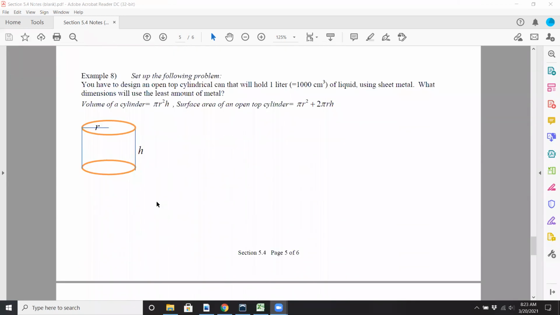For example 8, you have an open top cylindrical can that holds 1,000 cubic centimeters of liquid. What dimensions use the least amount of material? So we want to minimize our surface area. Our condition is 1,000 equals pi r squared h. It's easier if I isolate h.